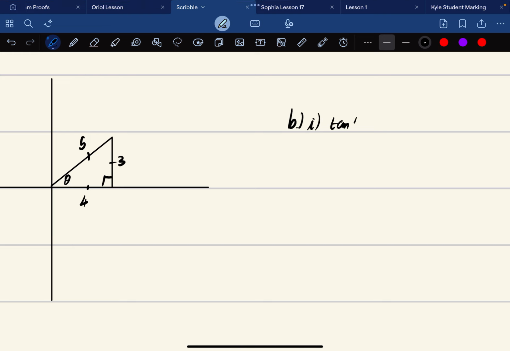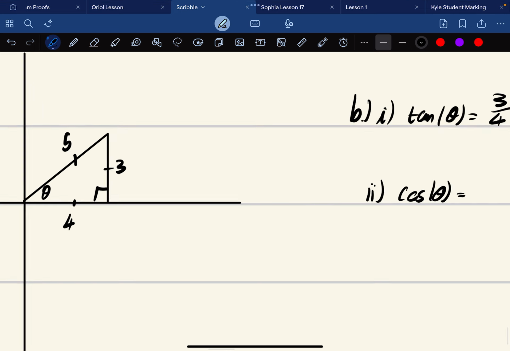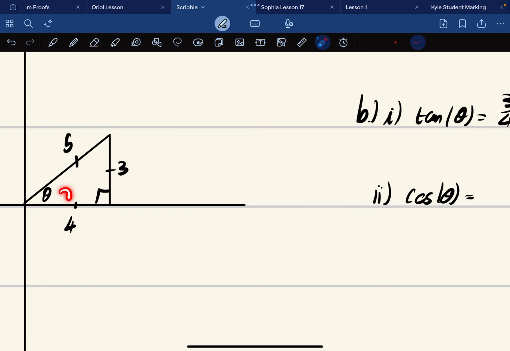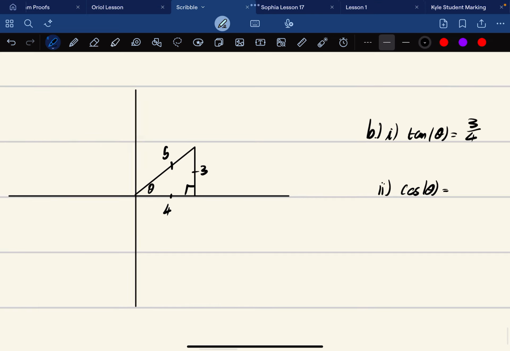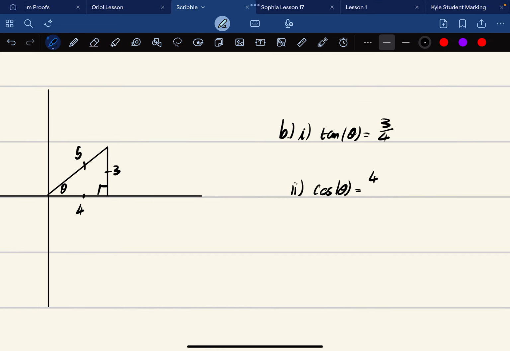So tan theta is equal to 3 over 4. Excellent. Cos theta is equal to adjacent over hypotenuse, opposite the right angle. So it is 4 over 5.